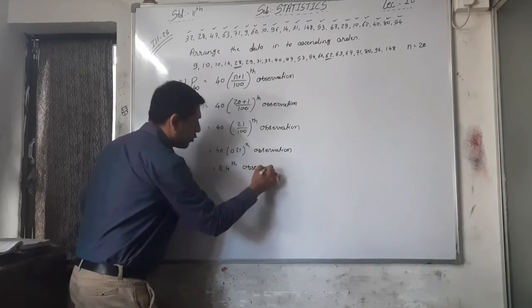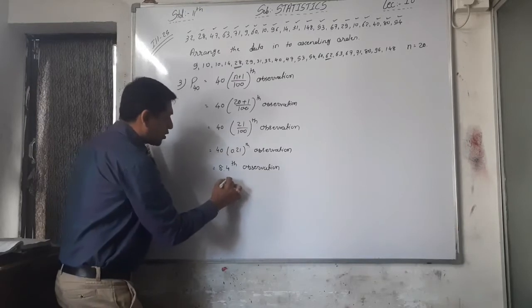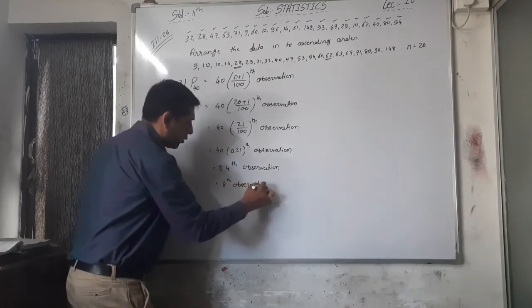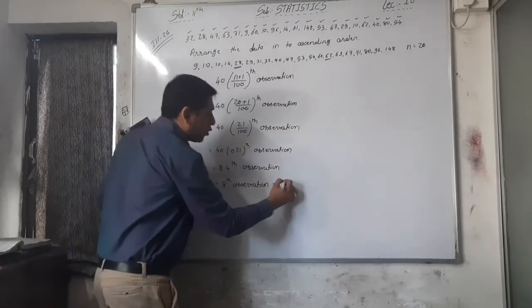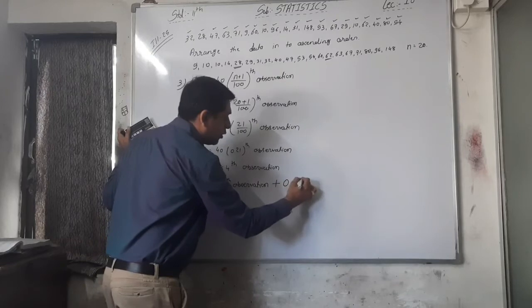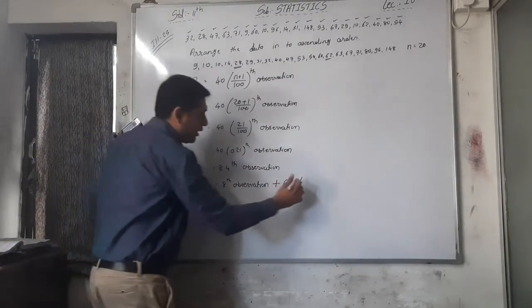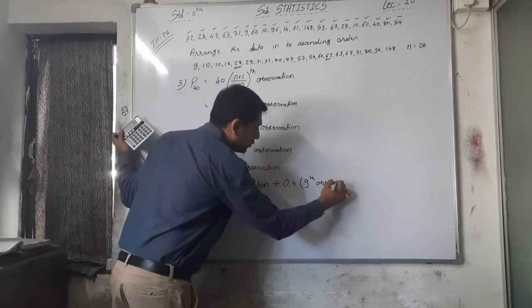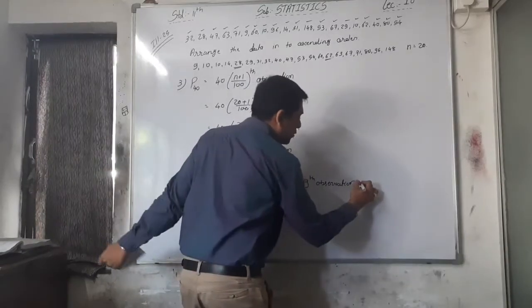You have to multiply these two, that is 8th observation first plus remaining is 0.4. So 0.4 into bracket next of these, that is ninth observation. Next of 8 is ninth observation minus the original one, that is 8th observation.